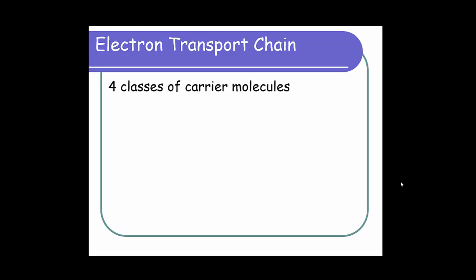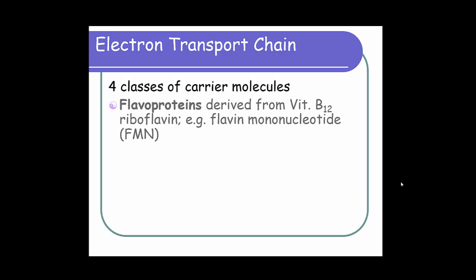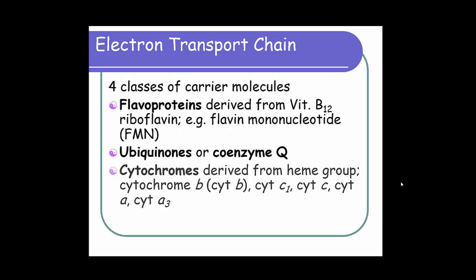There are 4 classes of carrier molecules in electron transport chains. The flavoproteins that are derived from vitamin B2 or riboflavin, and this includes flavin mononucleotide or FMN. The ubiquinones, also known as coenzyme Q, and the cytochromes, that are actually derived from the iron-containing heme group.